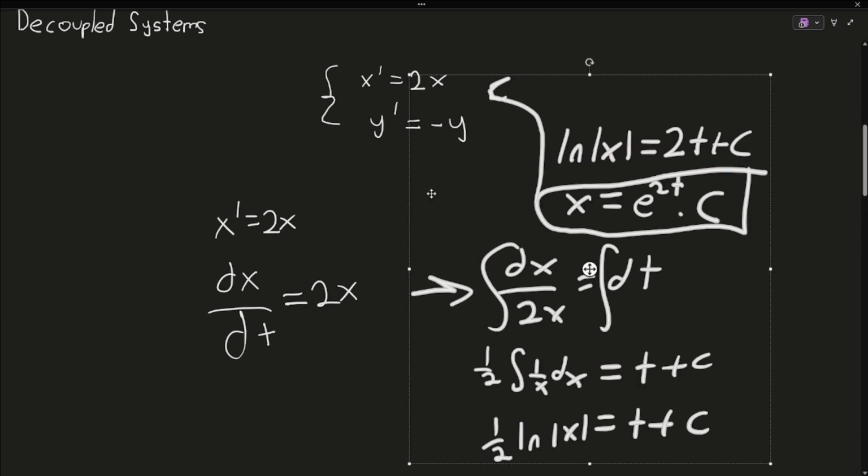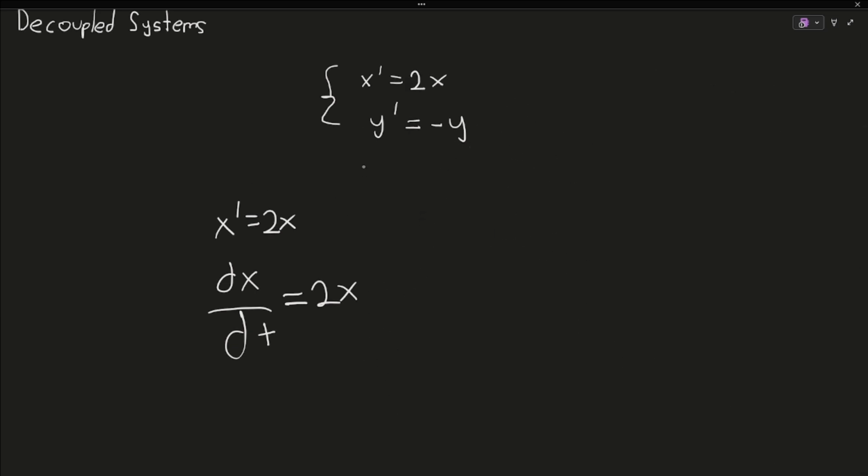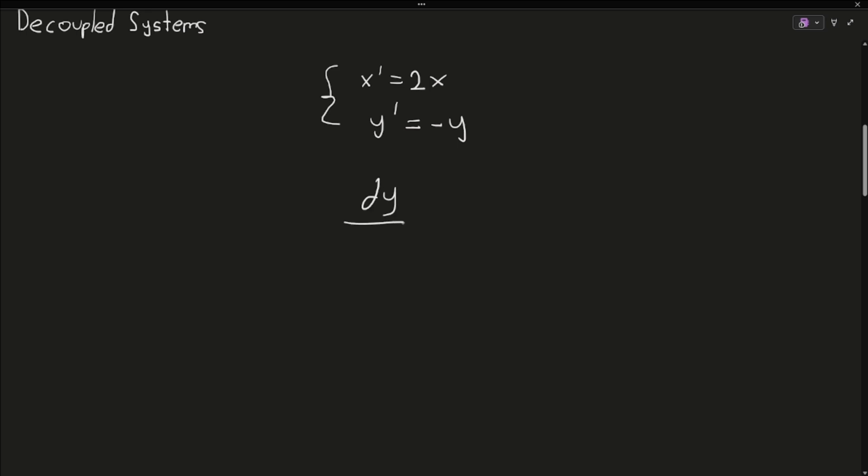Now, I'd like to move on to the second system. So basically, y prime equals negative y, so dy over dt, my bad, will be equal to negative y. Also, we could use the integrating factor method to solve these two because these are first order linear ordinary differential equations. However, I just wanted to do separable.